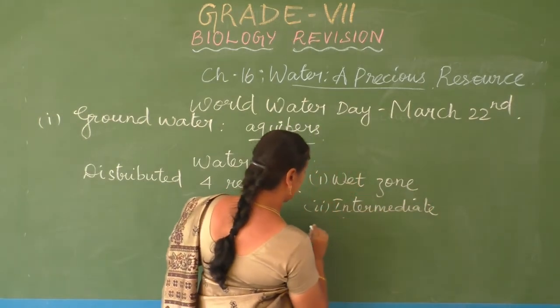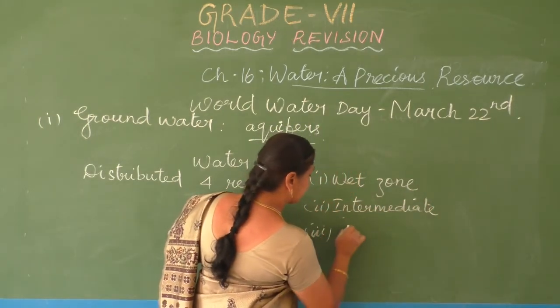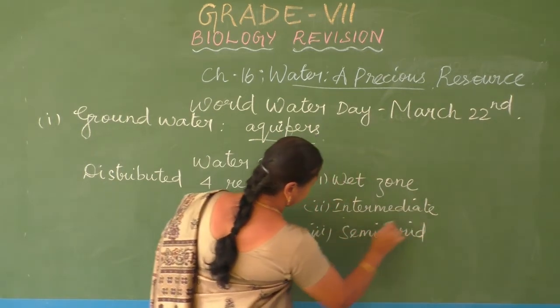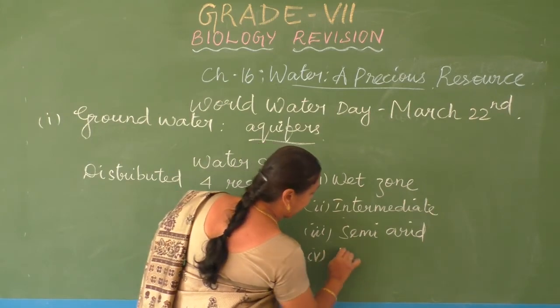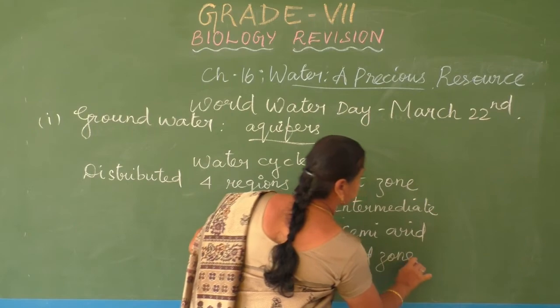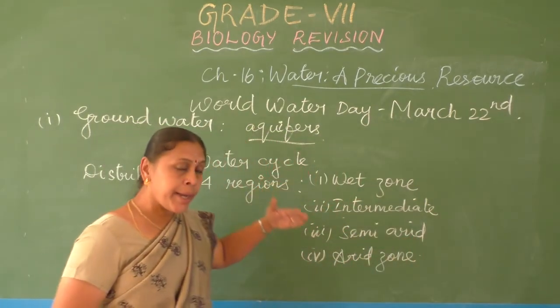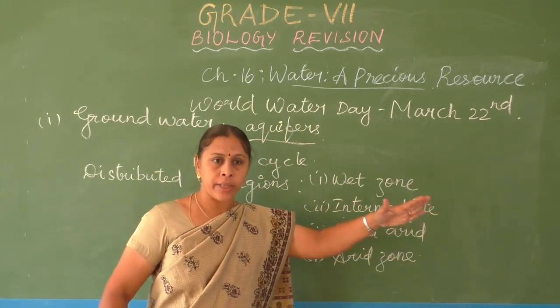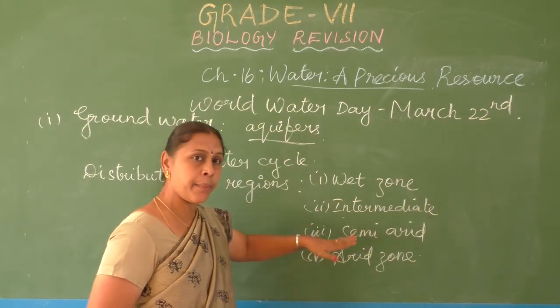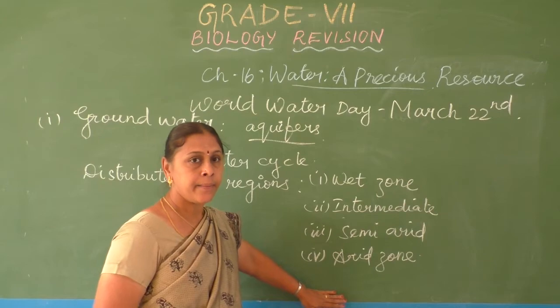Next one, semi-arid zone. Then the last one is the arid zone. So, according to the distribution of water in the year, it is divided into 4 regions, that is wet zone, intermediate, semi-arid and arid.